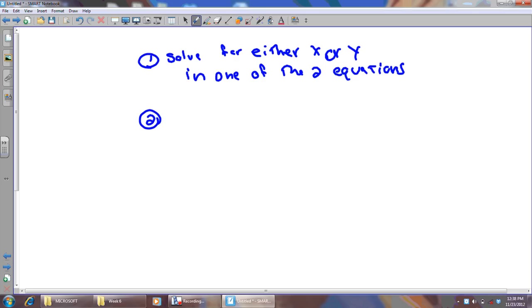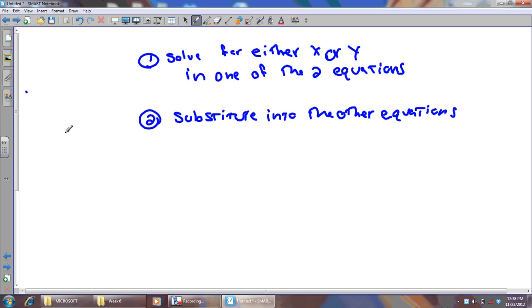Of course, if y or x is already alone in one equation, we don't have to do any work. So then we substitute into the other equation. So what that means is if you solve for y in the first equation, you have to substitute what it equals into the second equation. If you solve for x in the second equation, then you have to substitute for what it equals into the first equation. And then you solve for the variable. You'll be down to one equation with one variable.